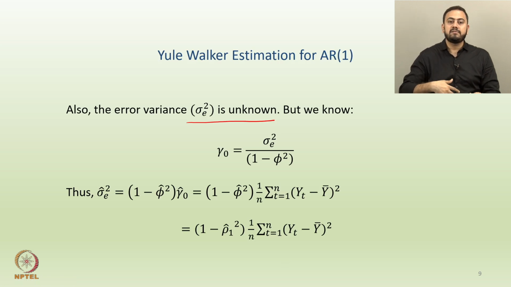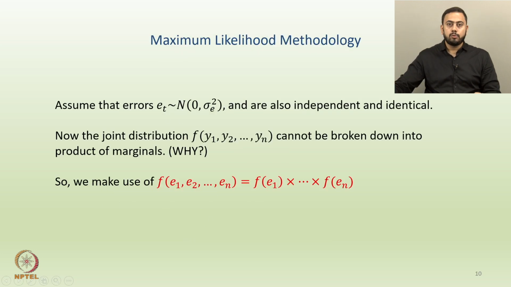So, I can replace phi hat square by rho 1 hat square. So, the value for this estimator of the error variance is nothing but 1 minus rho 1 hat square into the sample variance, alright. So, here we talked about the method of moments, or in particular Yule Walker.